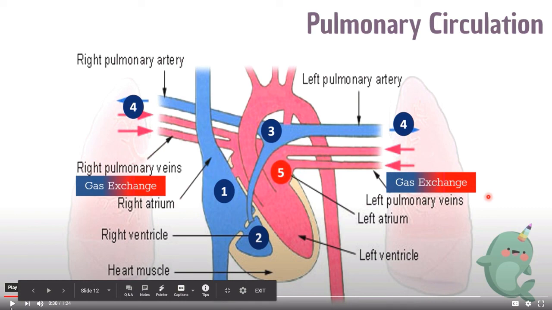So the blood will empty now into the left ventricle, passing through the bicuspid valve. The left ventricle will now pump blood towards the aorta, passing through the aortic valve. So from the aorta, oxygenated blood will be delivered to the rest of the body through the ascending and descending aorta.